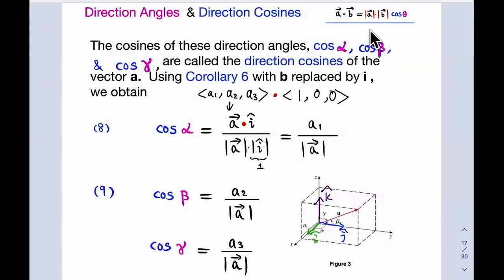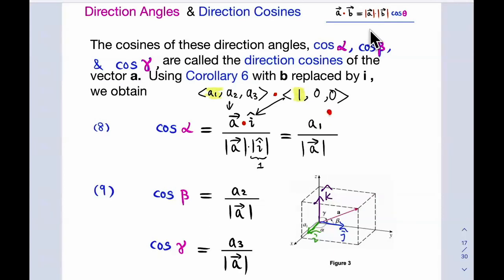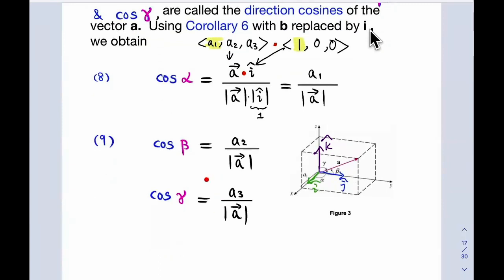So when you dot them, only this one times this survives, because the rest, A2 times 0 and A3 times 0, will be 0. So you will get A1. So cosine alpha will be A1 divided by the magnitude of A. And by similar reasoning, cosine beta is A2 divided by the magnitude of A, and similarly for cosine gamma.